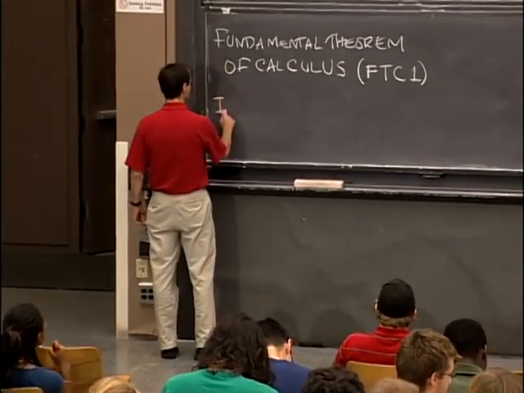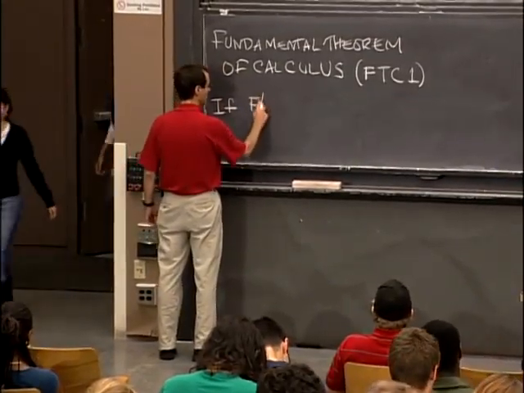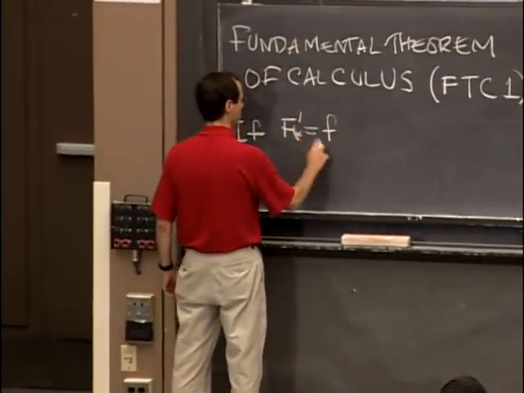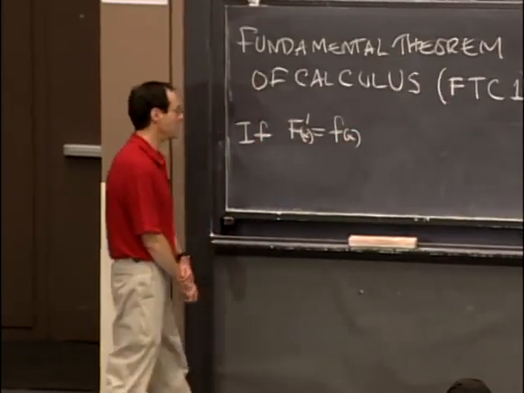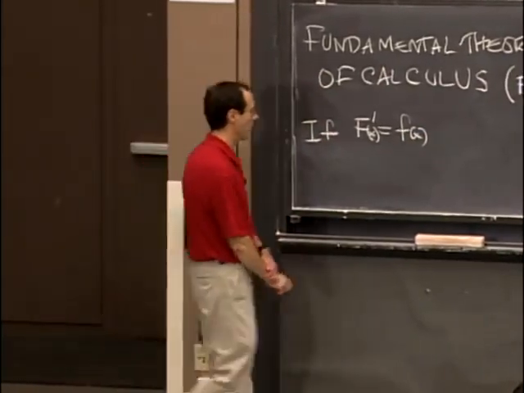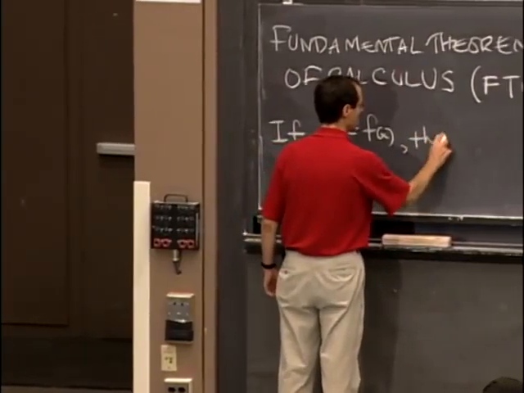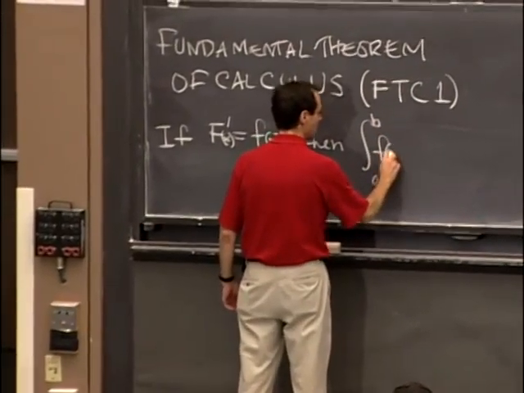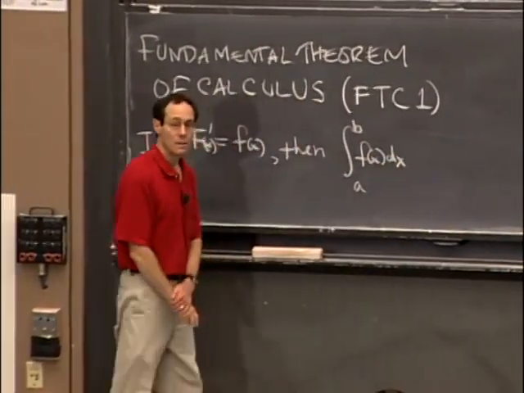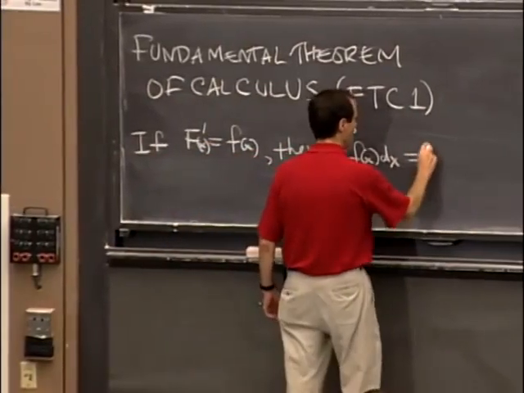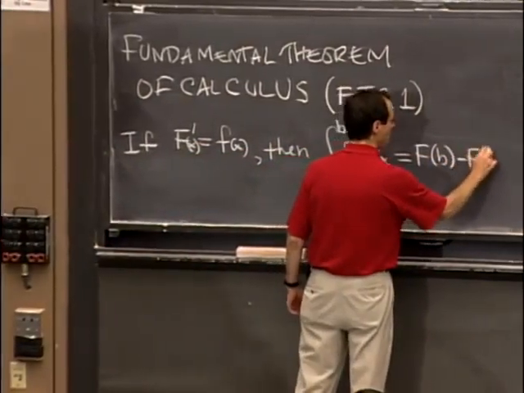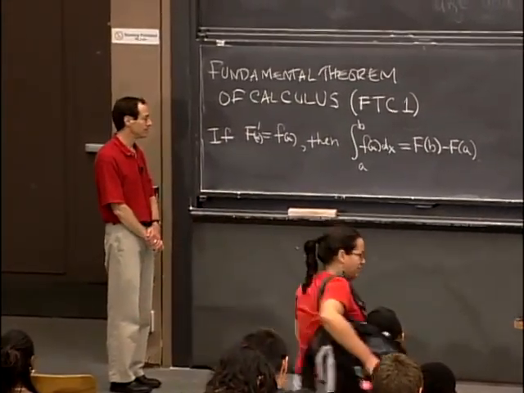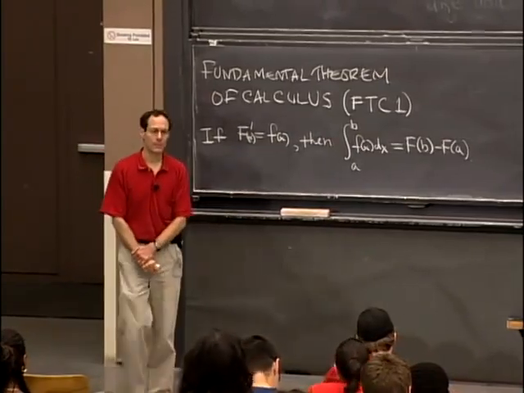It says that if F prime of x is equal to little f of x, with a capital F and a little f, then the integral from a to b of f of x is equal to F of b minus F of a. That's it. That's the whole theorem.